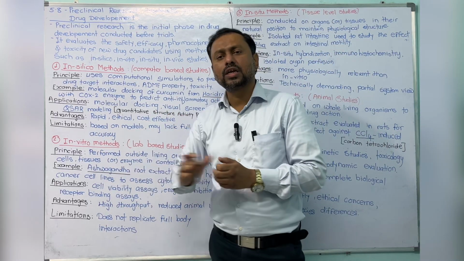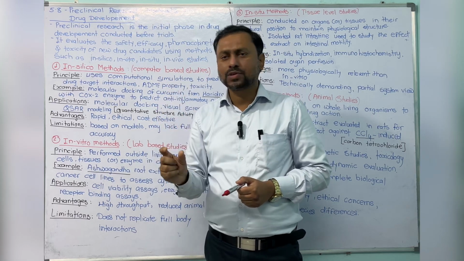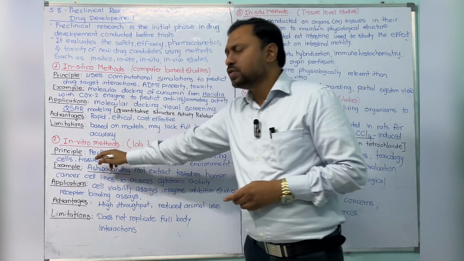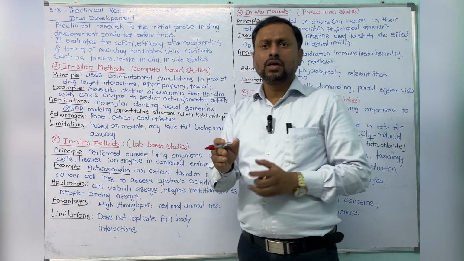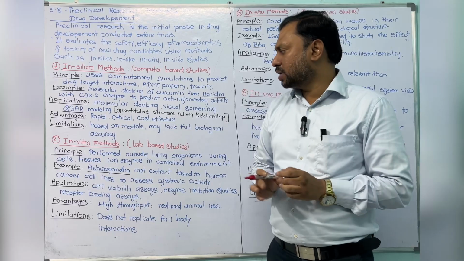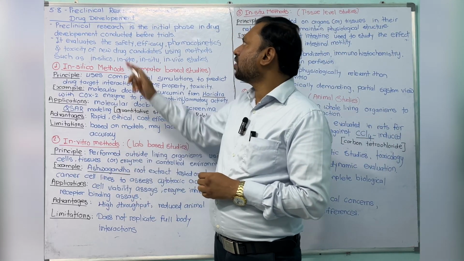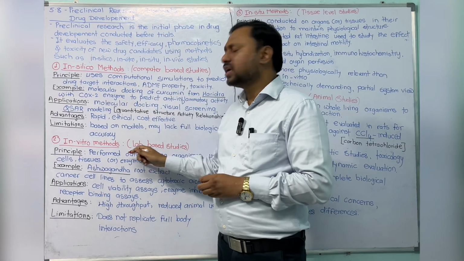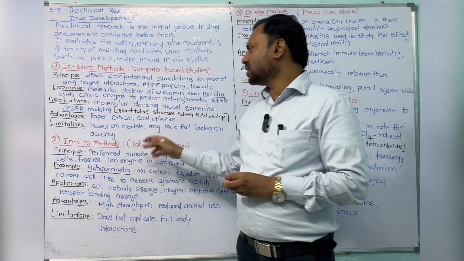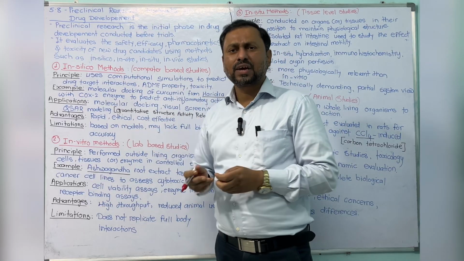Here we use specifically cells, enzymes, or tissues separated from the body and stored in the lab in a controlled environment. In that controlled environment we give our new trial drug. Whether the drug is acting or not, we check in the glass slide or petri dish.